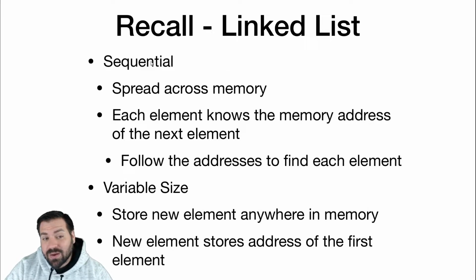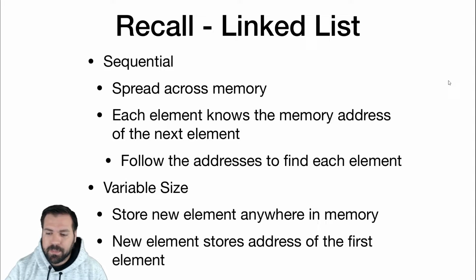So a linked list is also a sequential data structure, except it's spread across memory. We're not building this in the same way that we're building an array, where all of the data for the data structure is right next to each other and localized in memory. With a linked list, the data can be all over the place. It can be anywhere in memory.